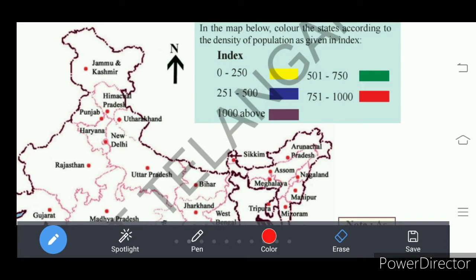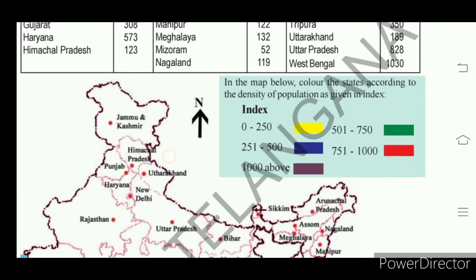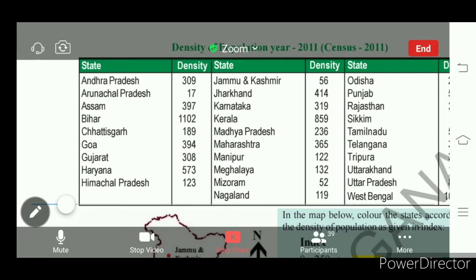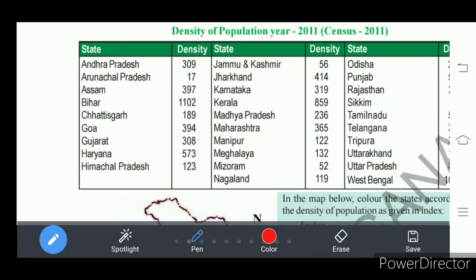Just now we have seen that in Jammu and Kashmir the density is 56. 56 people are living in 1 square kilometer area.